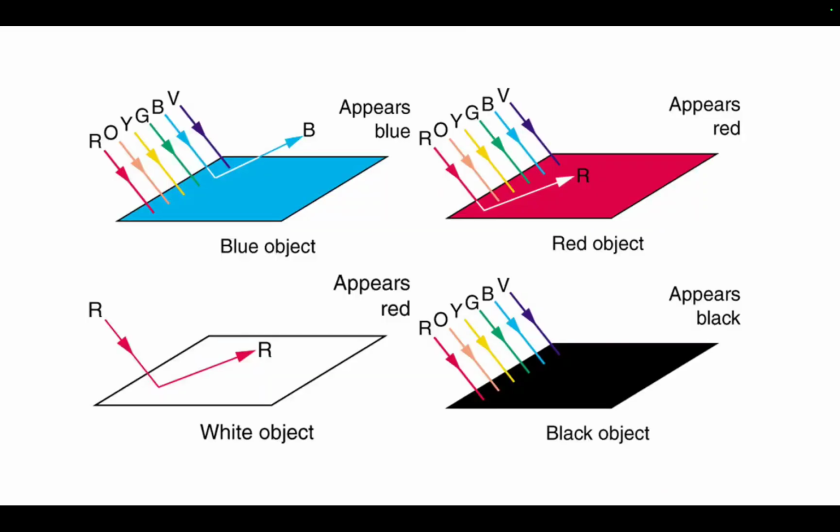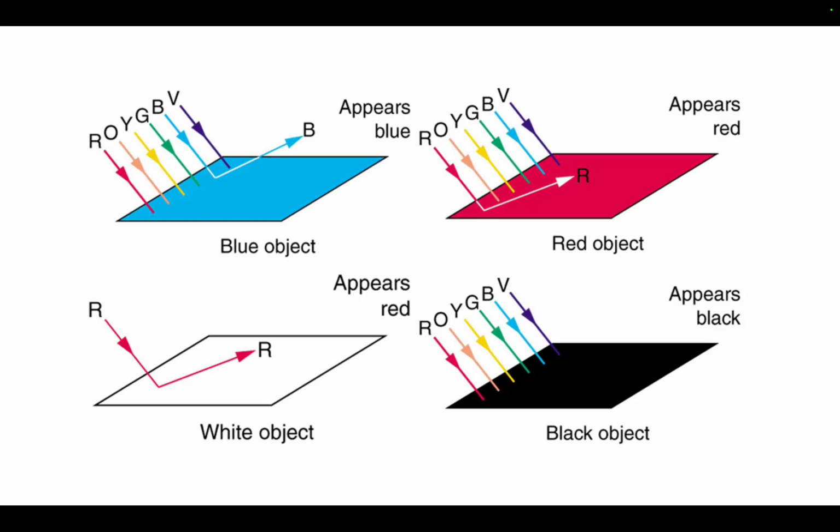Right, so here's an image that might help you realise. So Roy G. Biv, well, the indigo is missing, but you've got red, orange, yellow, green, blue, and violet in this case. If you shine all those wavelengths of light at a blue object, the blue object will absorb more strongly all wavelengths of light aside from blue, which it will reflect, therefore the object appears blue.